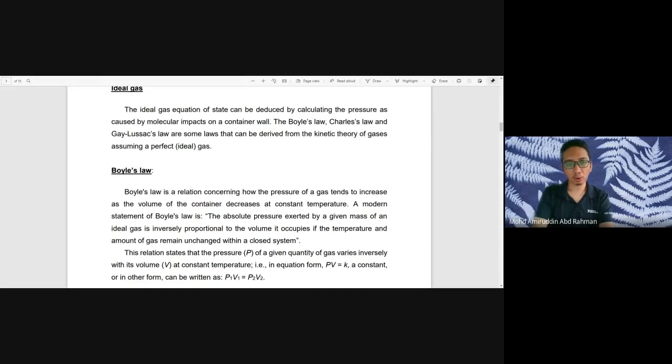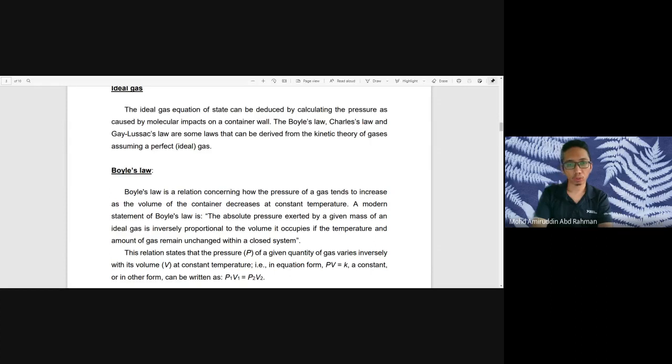So the amount of gas and the temperature are maintained, and the pressure P is related to the volume V.